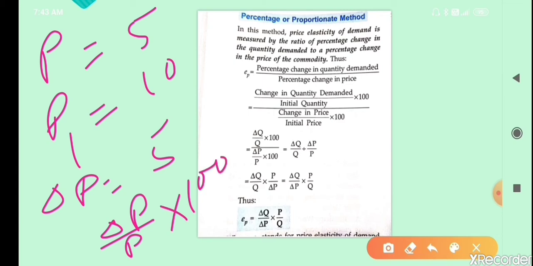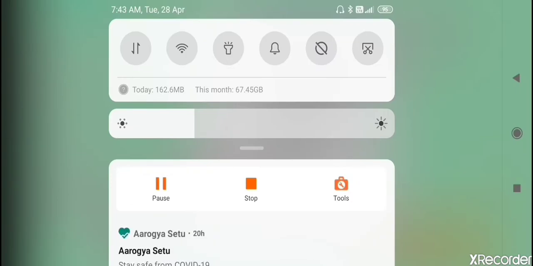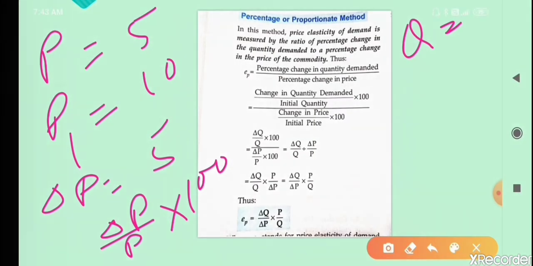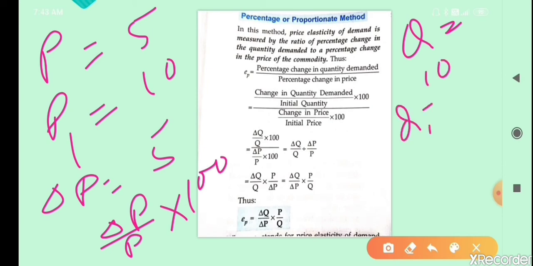In the same way, for delta Q, suppose Q is 10 and Q1 is 15. So delta Q, 15 minus 10, will be 5.